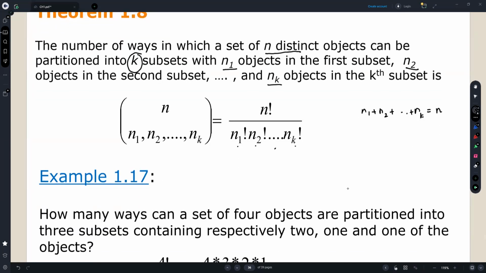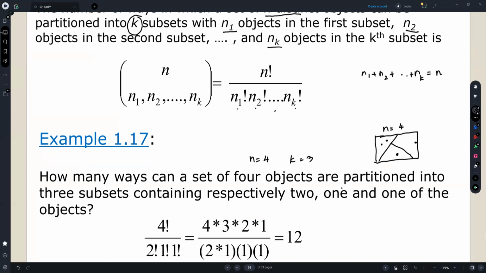So here's an example. How many different ways can a set of 4 objects be partitioned into 3 subsets containing respectively 2, 1, and 1? What does that mean? You have 4 objects, you partition them into 3 subsets, right? So n is 4, k is 3. Three subsets containing 2 in one, 1 in another, 1 in the other. So all 4 objects will be partitioned into 3.